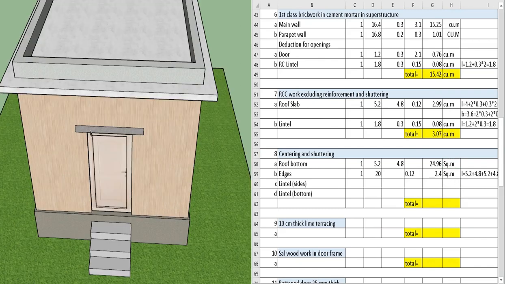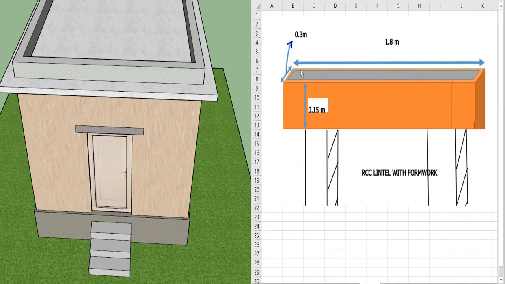Now here is the lintel portion. We have to provide the formwork for this lintel portion also. So this is 1.8 meter lintel, and the height of this lintel is 0.15 meter, and the width of this lintel is 0.3 meter. So we have to provide this formwork on this side and back side of this lintel, and we don't provide the formworks on the top. We always provide the formwork at the bottom of this lintel.